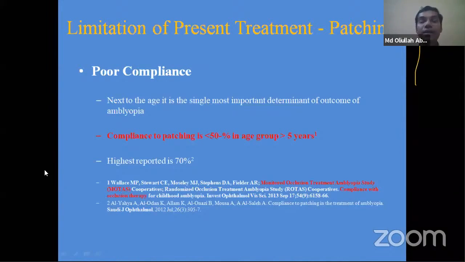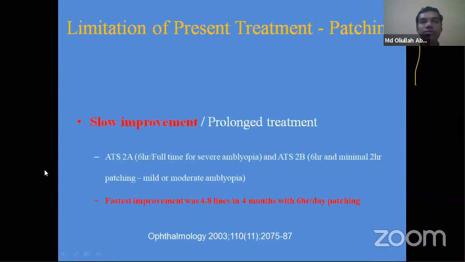And the adherence to any kind of treatment, whether for amblyopia or any disease or ocular condition, is very crucial. If it is not followed, then you will have issues or end up with suboptimal acuity gain or improvement. So coming to the next one, the time it takes, it's months or years.